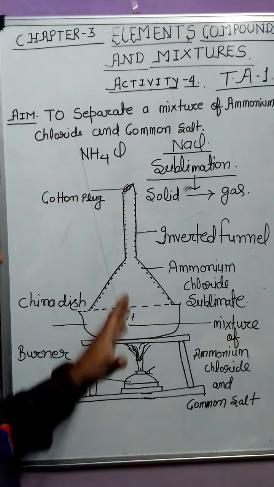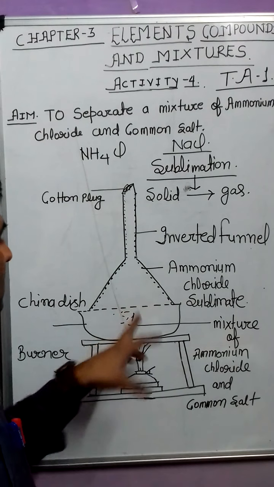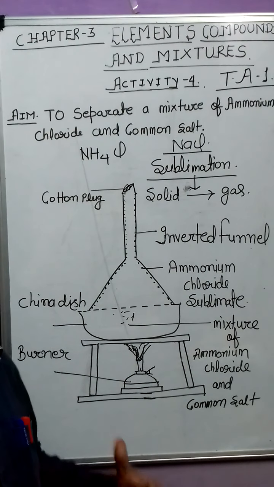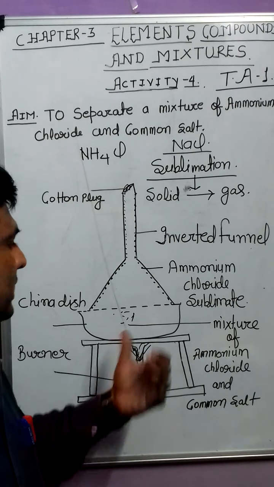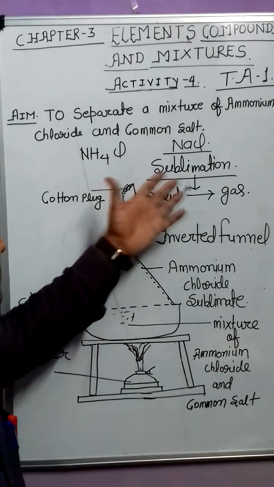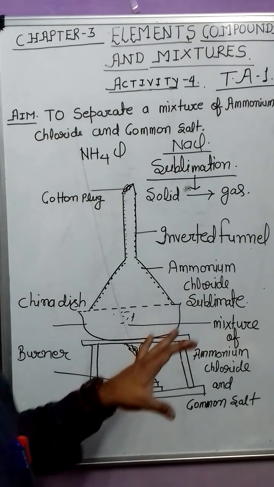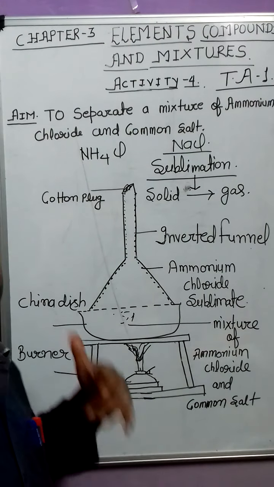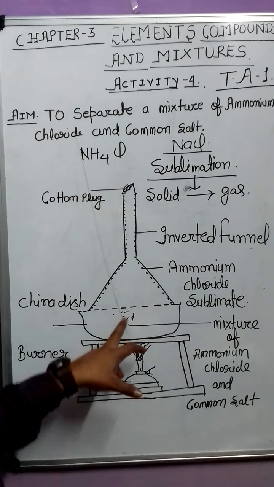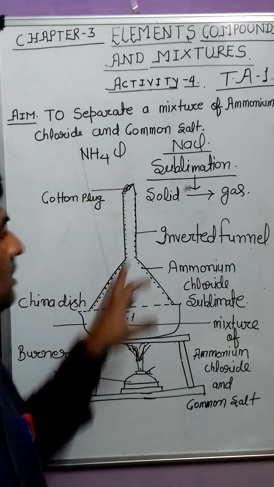Then we place a funnel in the inverted position on the China dish. Through the process of sublimation, ammonium chloride gets converted into gas without changing into liquid. This process is called sublimation.